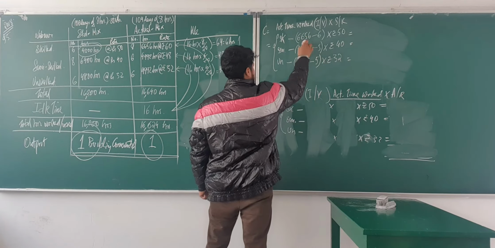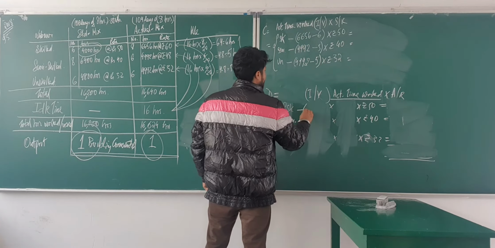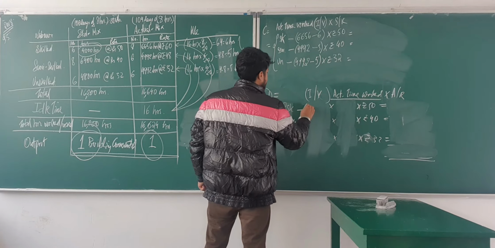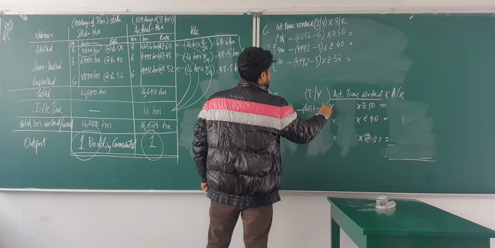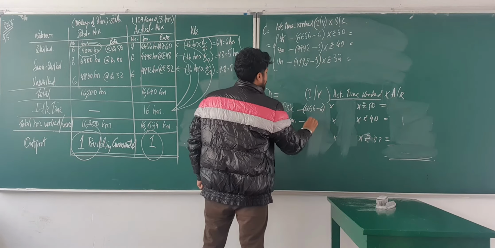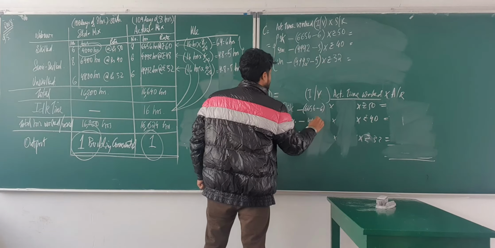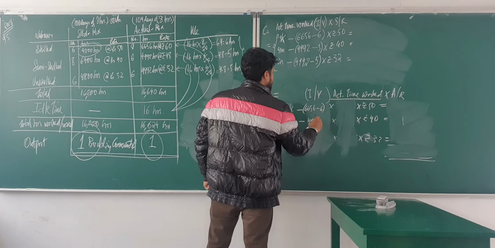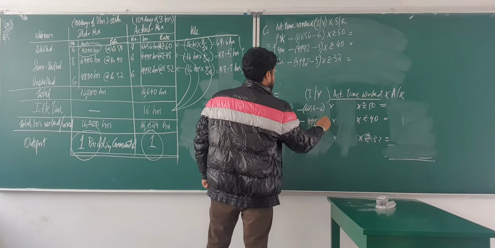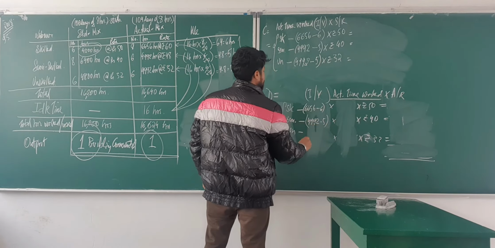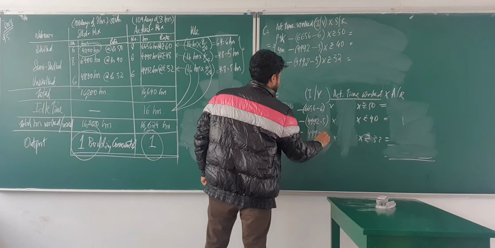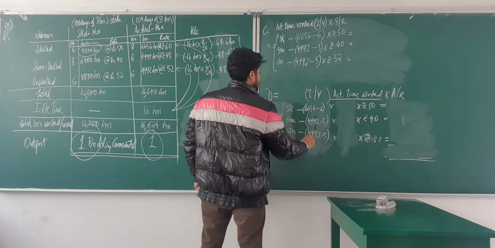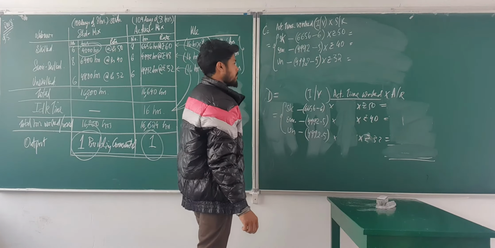So individual values, same as what you have done here. You have to take here 6656 minus 6 idle hours, 4,992 minus 5 idle hours, 4,992 minus 5 idle hours. Is it okay?